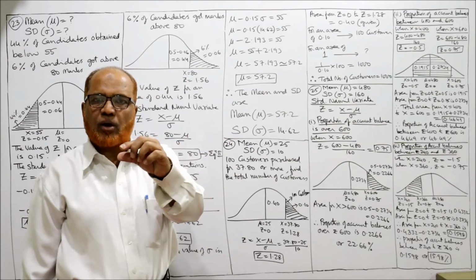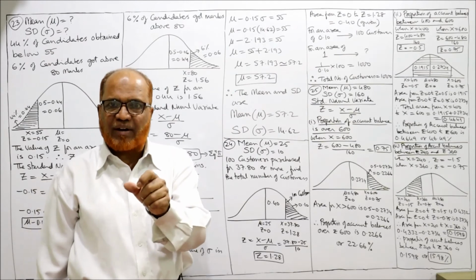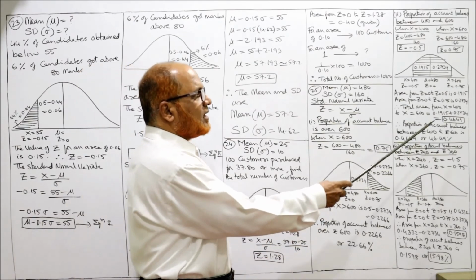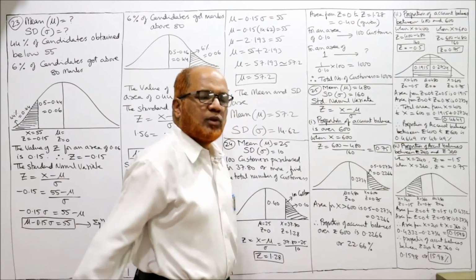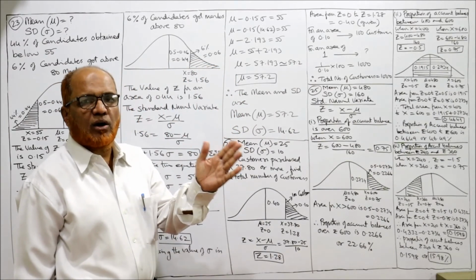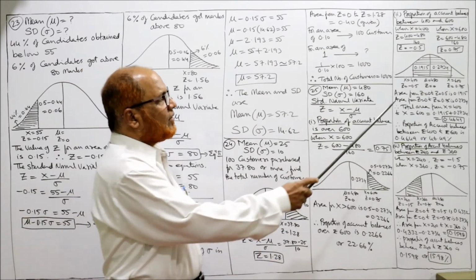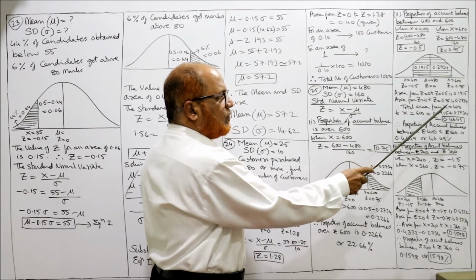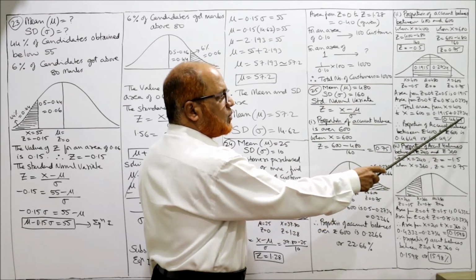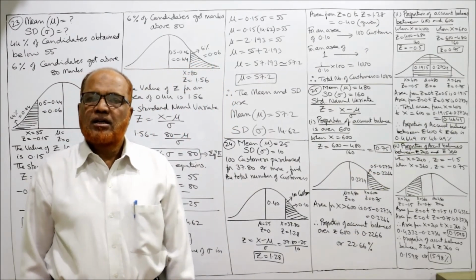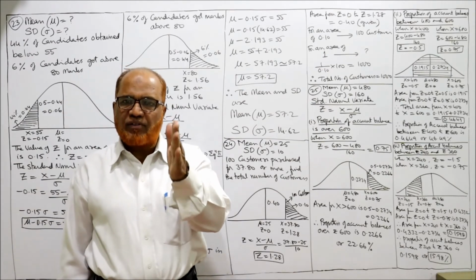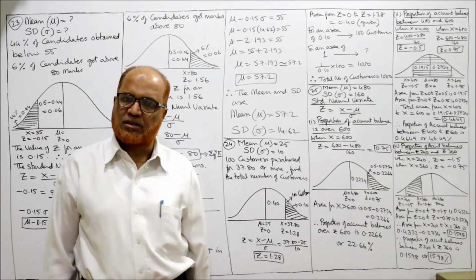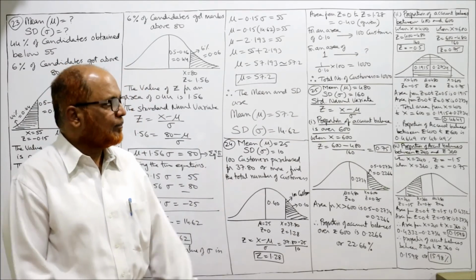For 0.75, look in row 0.7, column 5. We need 0.75, so row 0.7, column 5, and the value will be 0.2734. So both values are found, from 0 to 0.5 and from 0 to 0.75: 0.1915 and 0.2734. Now we add both, so the total area from x is equal to 400 to x is equal to 600 is 0.1915 plus 0.2734, which is 0.4649. So the proportion of customers whose account balances are between 400 and 600 is 0.4649, or 46.49% of customers.